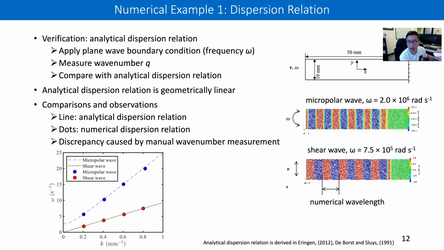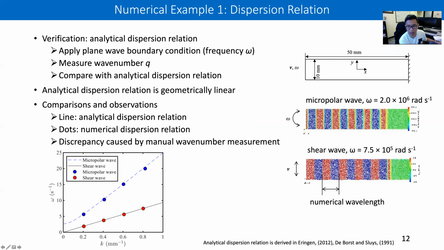We did validate our numerical model. This comes from the paper from Eringen and also from Du Bois' work in 1991. Basically, we want to check whether we can obtain a micropolar wave when we impose a velocity and a microrotation at one layer, and then calibrate whether the micropolar wave and the shear wave propagate at the right speed and have the right dispersion.